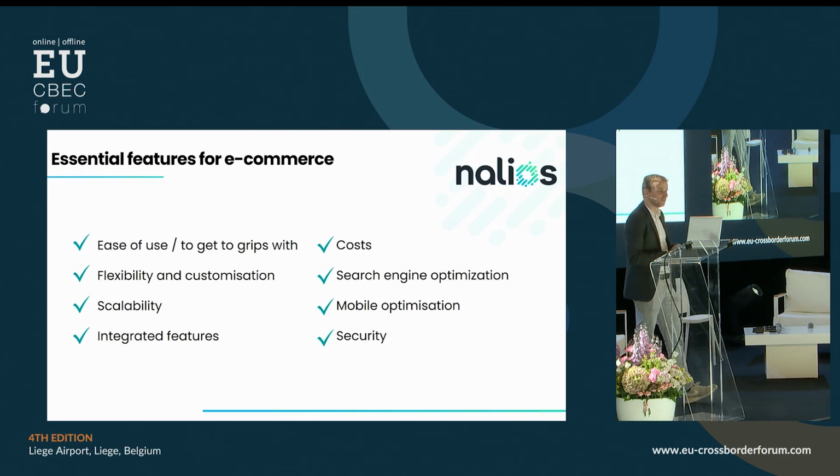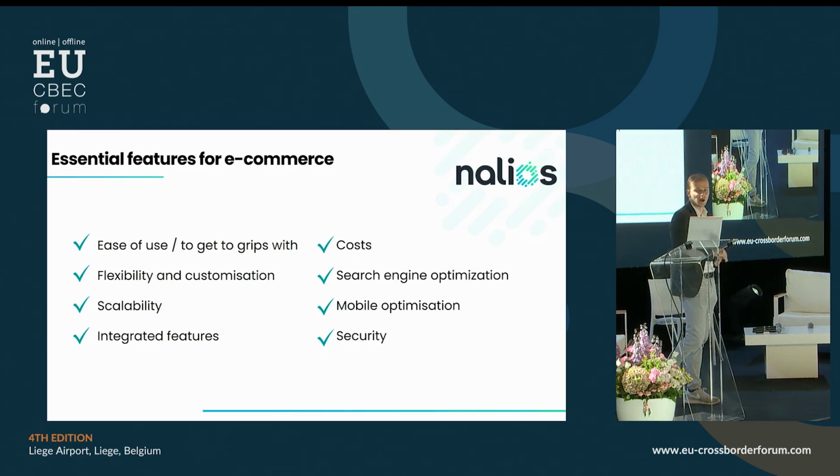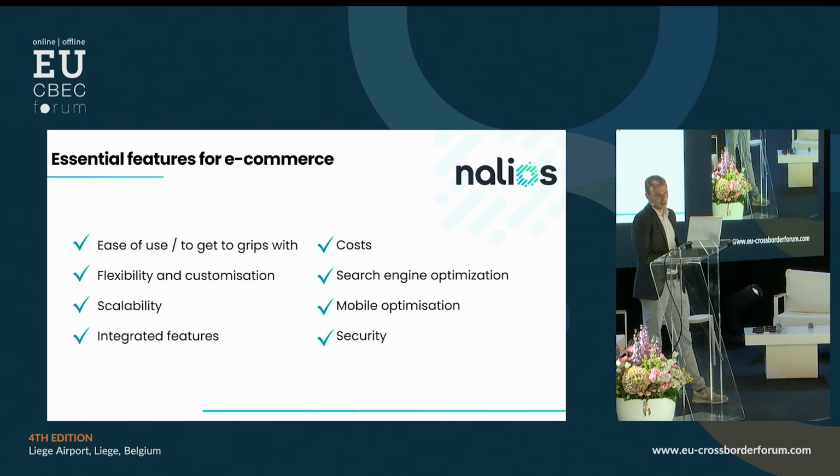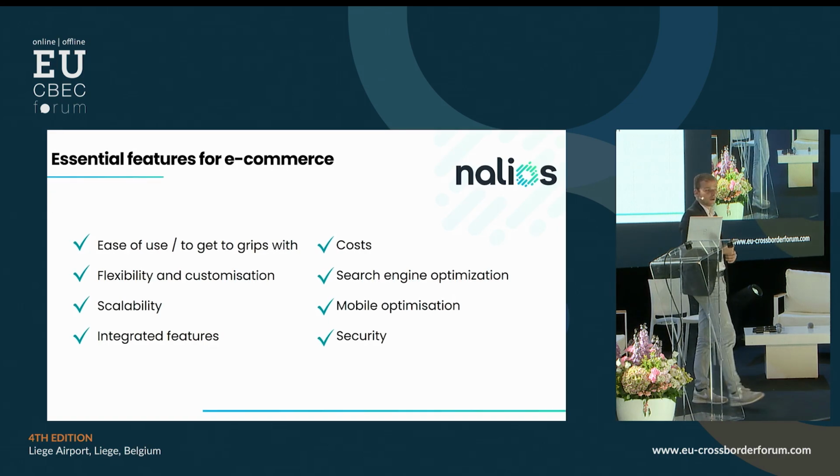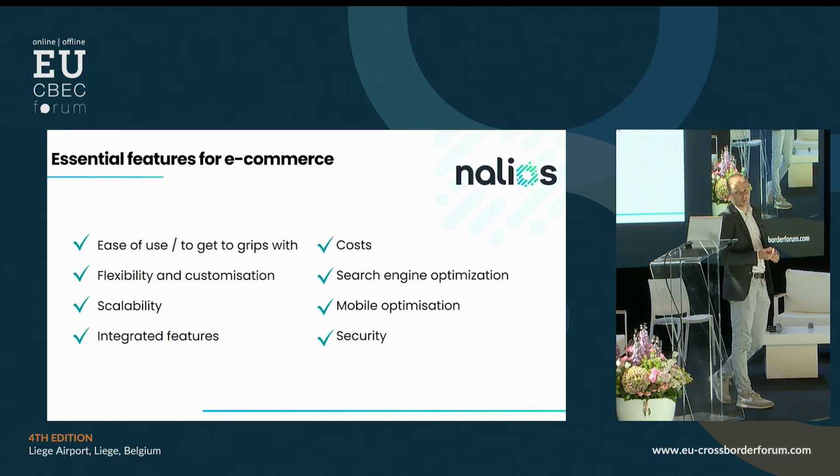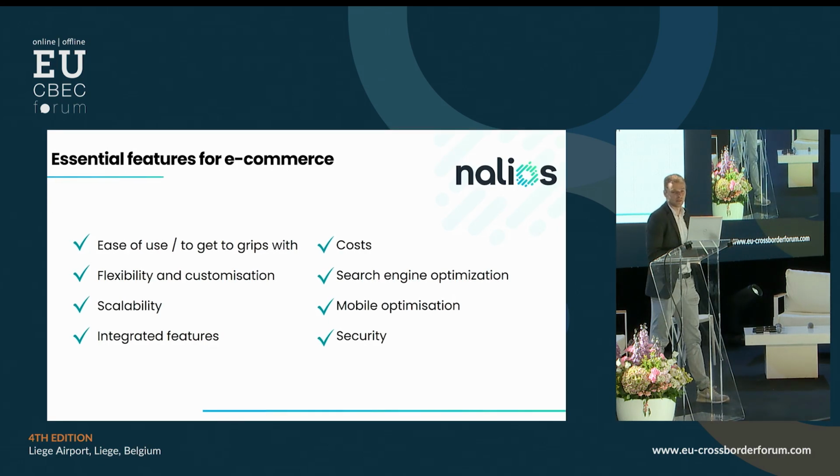The SEO must also be there, so it should be easy to optimize the SEO of the website. It must be usable on a mobile version, and of course, security is important. So that's all the things you have to take into account before choosing an e-commerce solution.